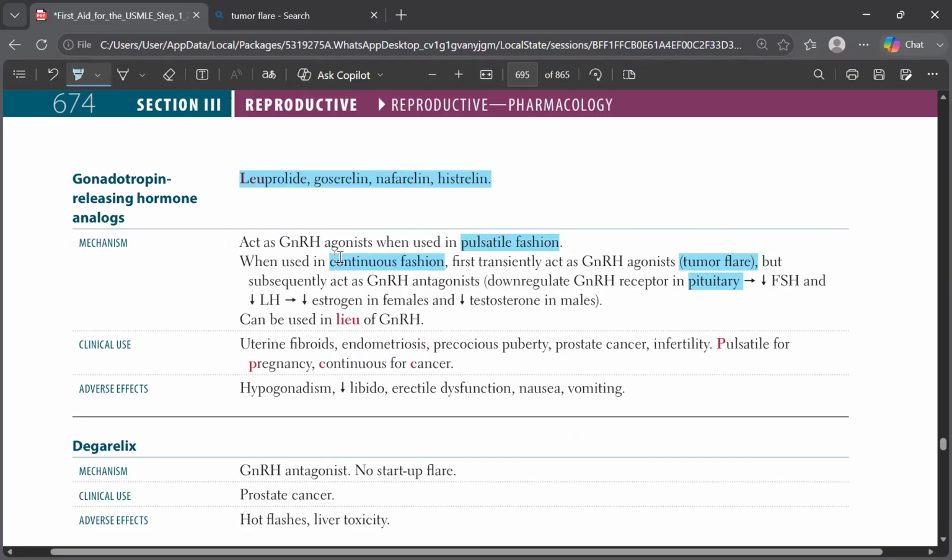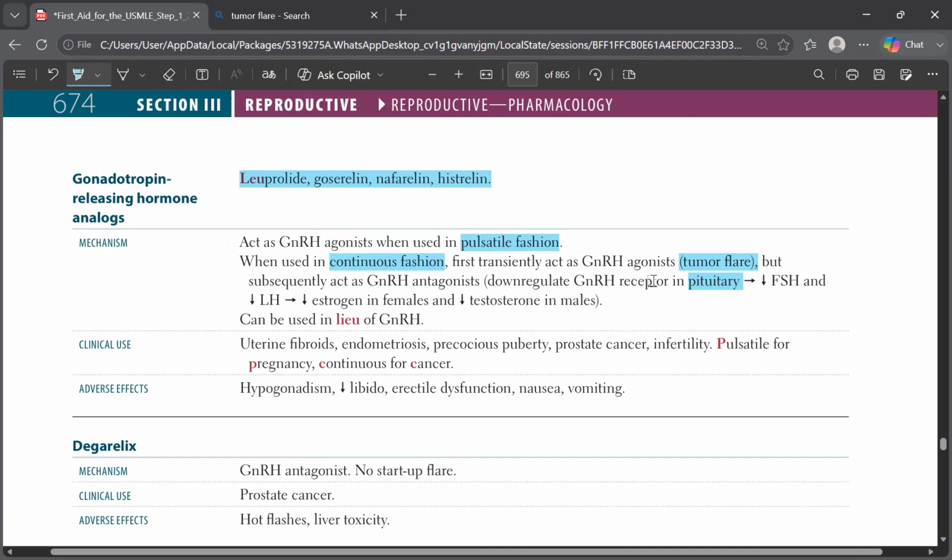And when they're going to be used in a continuous fashion, at first they're going to act as agonists and make the condition they're being used for more adverse and the symptoms more aggressive. But after some time, because of an increase in gonadotropin releasing hormone in the body and their agonist action, they're going to downregulate the gonadotropin releasing hormone receptor.